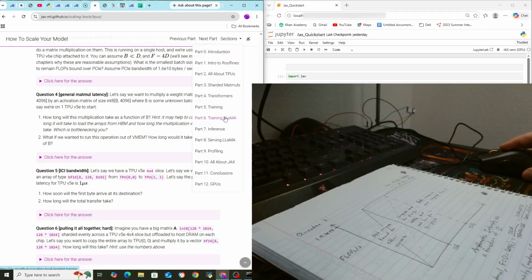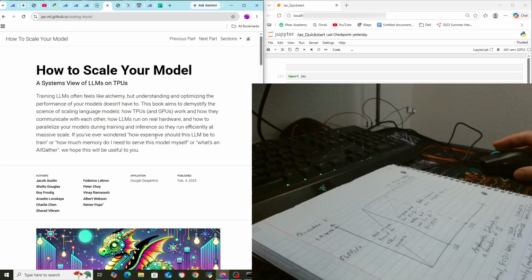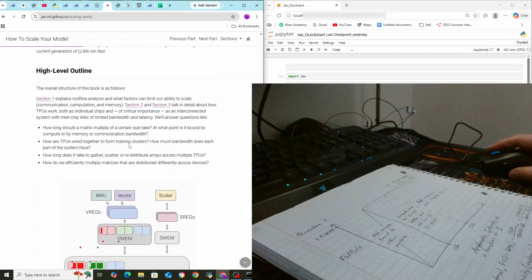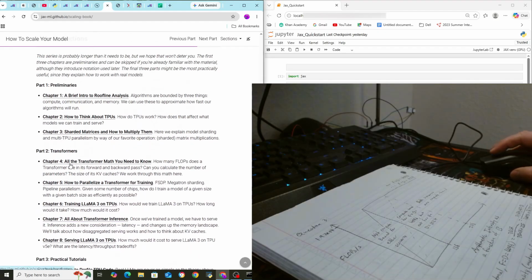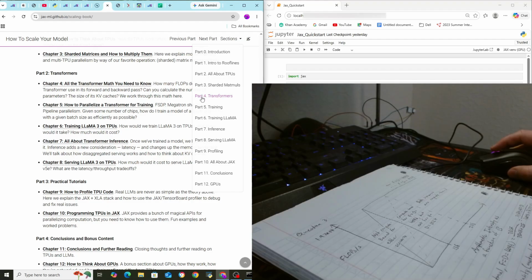Part 2 is really important: training llama, inference serving llama, and this is like an extra. Let's see what the beginning says. I remember I didn't really understand this, but it looks like that'll be in the TPU section. And then part 2 is about transformers.